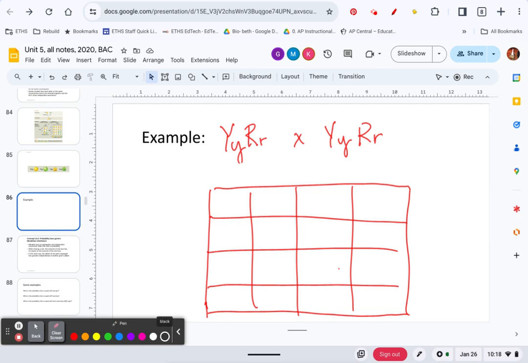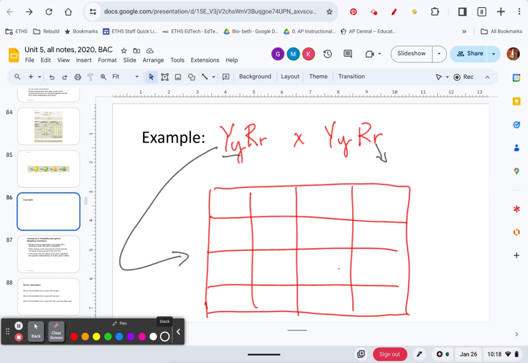So for each parent, I'm going to have one parent here, and one parent up here. I need to figure out what the allele combinations are that can be passed on in the sperm or the egg cells. So for this first parent, what could I pass down in terms of yellow versus green color?